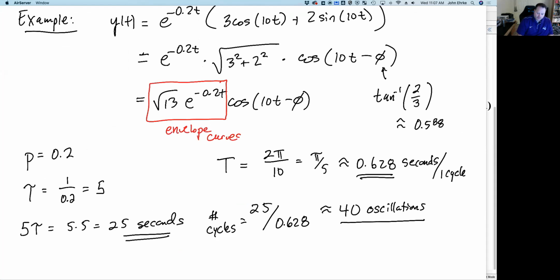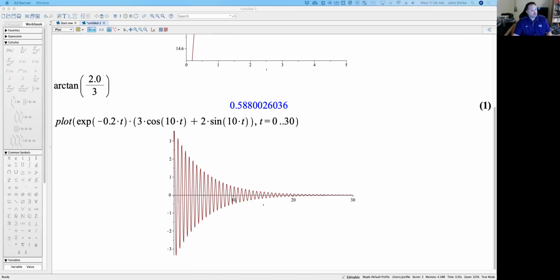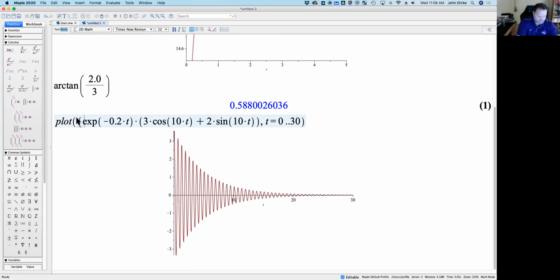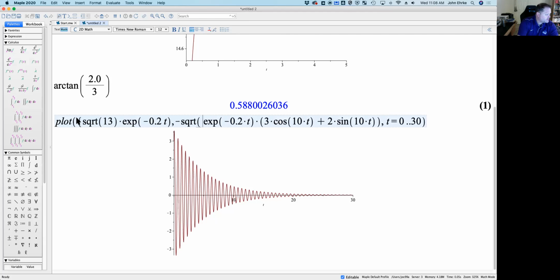And I'll show you what these curves represent on the graph here in just a second. So I want to plot this function against that oscillation that we have. This function is square root of 13 times exp to the minus 0.2t. And I'm going to go ahead and put in the negative of it as well.